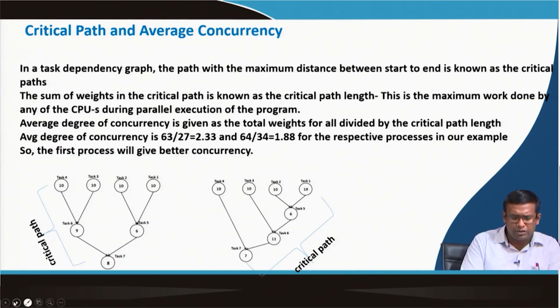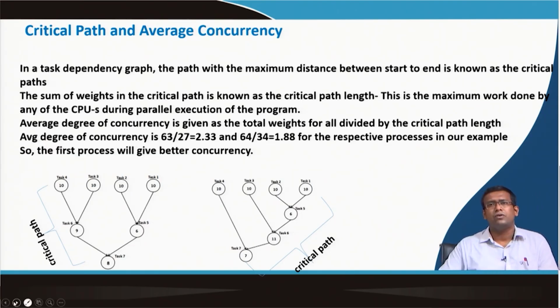The first process, which has the higher average degree of concurrency, will give us better concurrency, and therefore this will be more favorable to parallelization. That is the decision out of the task dependency graph: draw the task dependency graph, find out the critical path, then find out the average degree of concurrency.